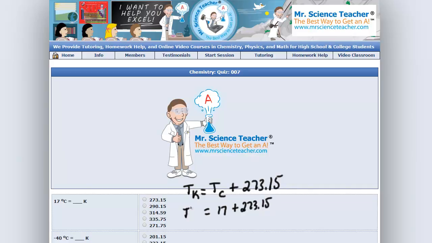So we have to add 17, our temperature in Kelvin, then is going to be equal to 17 plus 273.15. And so we're going to get 290.15. 290.15 Kelvin. Just like that.